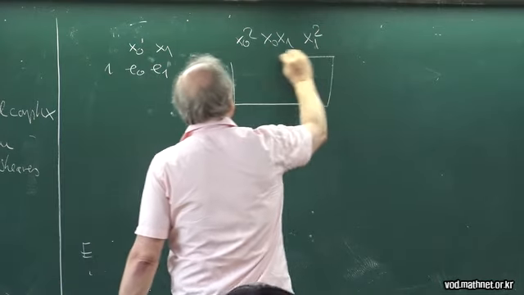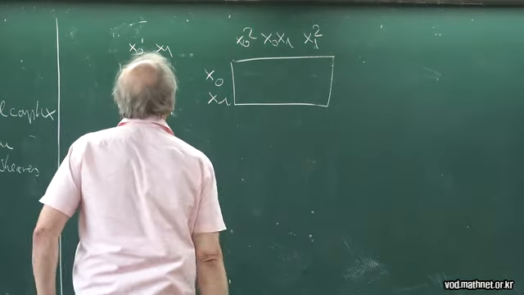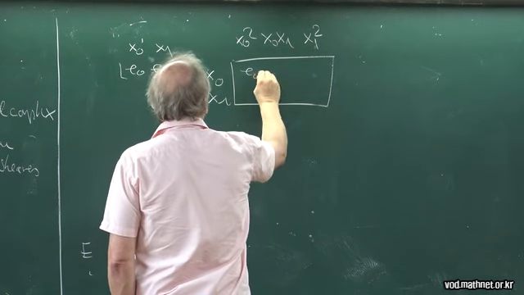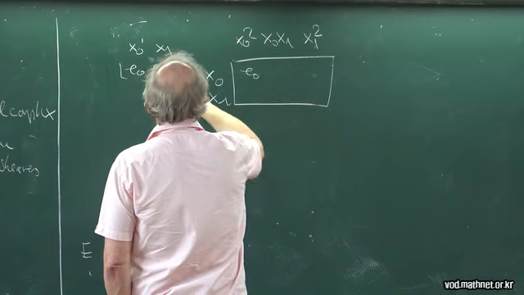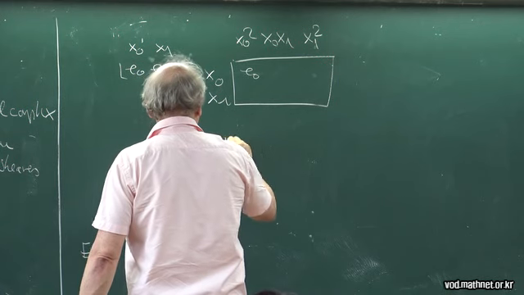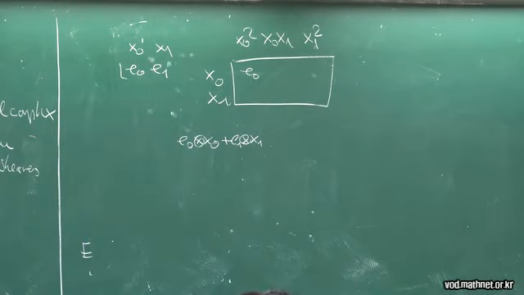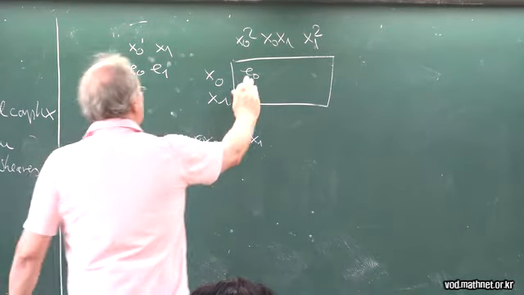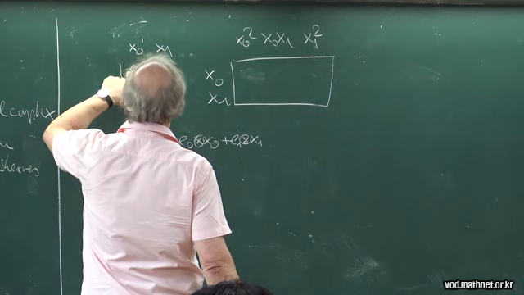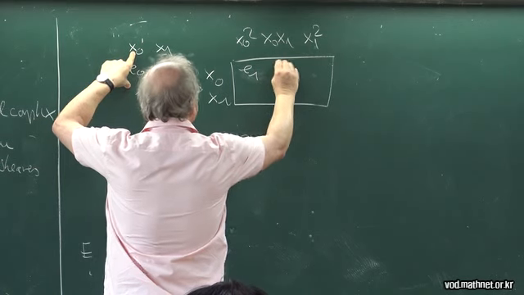The next matrix, I write it this way: I multiply with e0 tensor x0 plus e1 tensor x1, basically. So here I get an e1, here I get an e0.